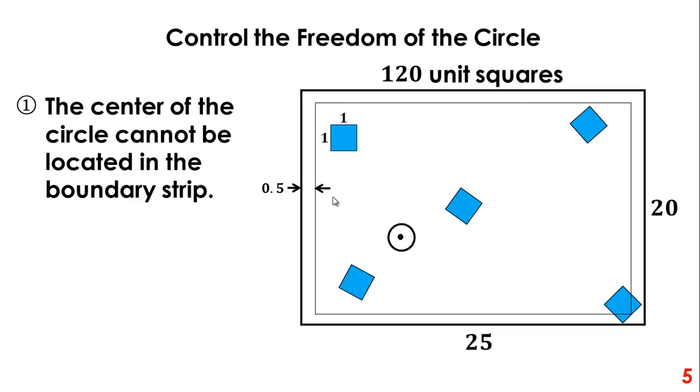It's very easy to see. If you place a center there, then the circle will have one portion outside the paper. That's not allowed. So the center must be inside the inner rectangular box. So that is the first observation.